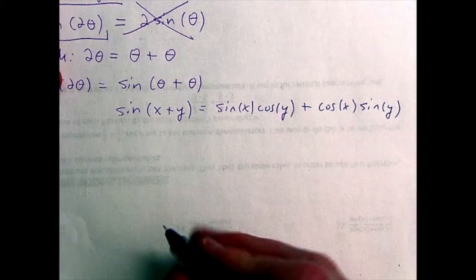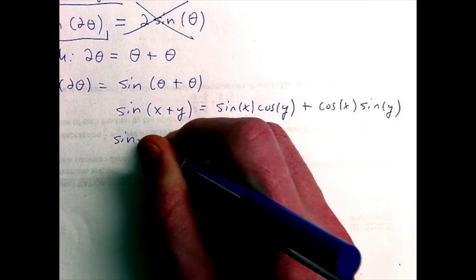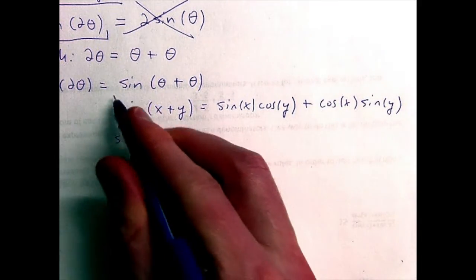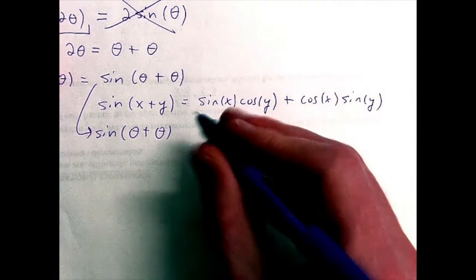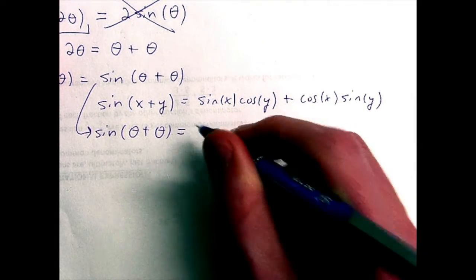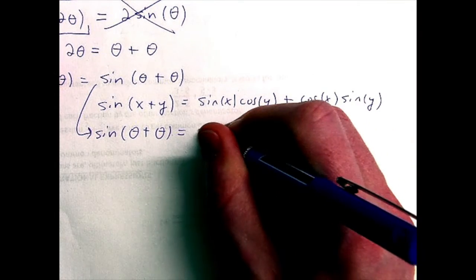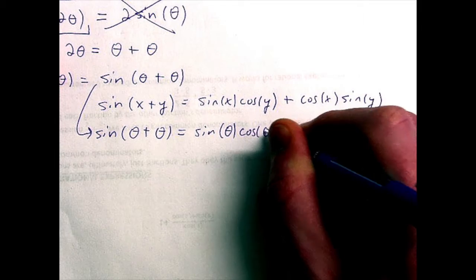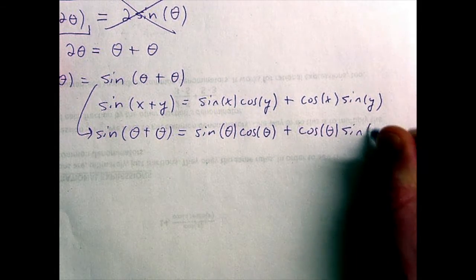So what we can conclude then is that the sine of theta plus theta, which as we just agreed is sine of 2 theta, is actually what? Well, it's this expression here, except with both x and y replaced with thetas. So that's sine of theta, cosine of theta, plus cosine of theta times sine of theta.